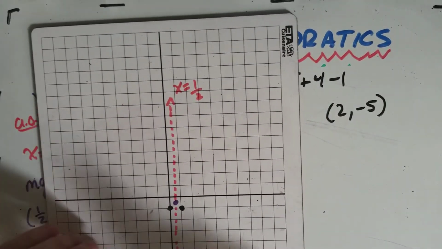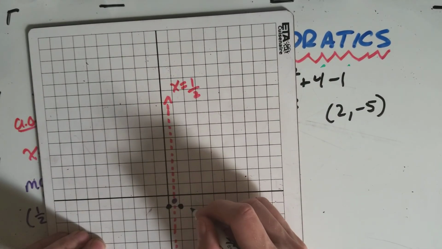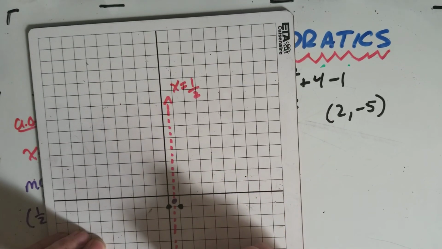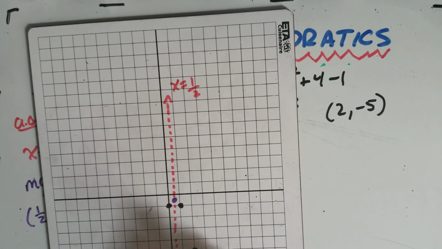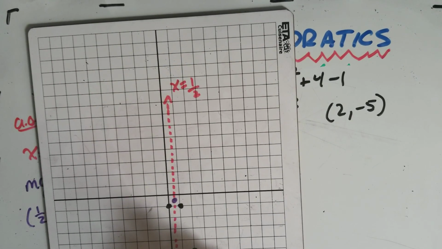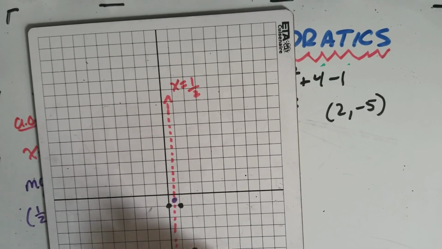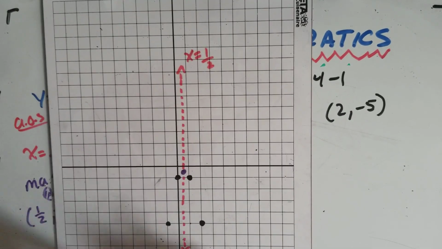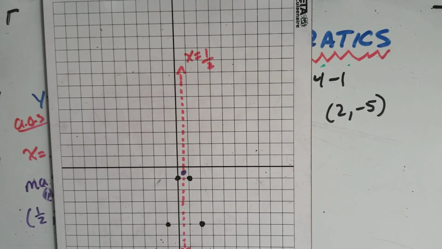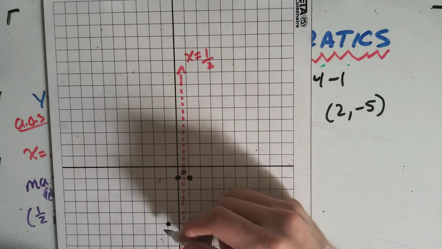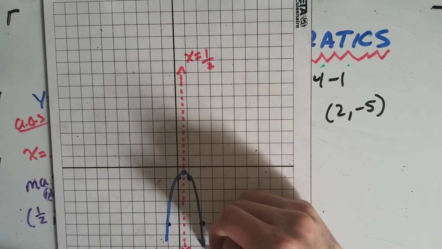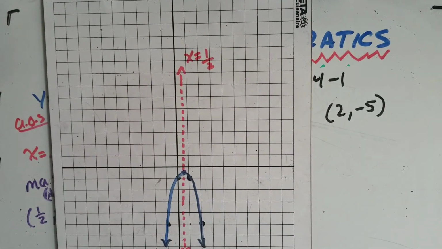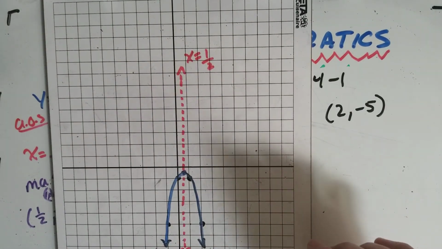And on the graph, that looks like 2, -1, 2, 3, 4, 5. Now in relation to your axis of symmetry, you're 1.5 units away. So you need to go 1/2 and 1 unit further. And that will be 2 new points. And right from there, we can go ahead and draw our parabola. Make sure it's a nice curve. And we are graphed. That's what the parabola for this one looks like.